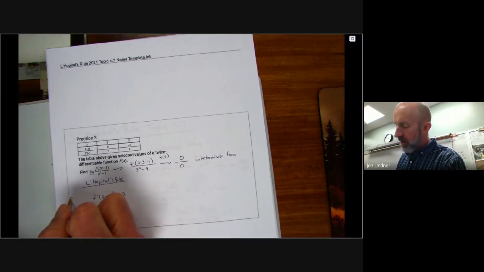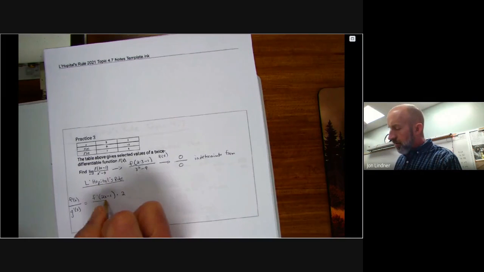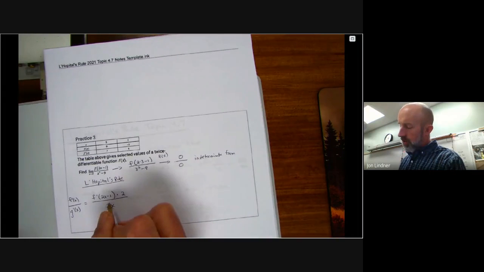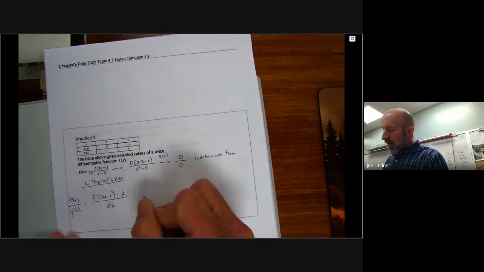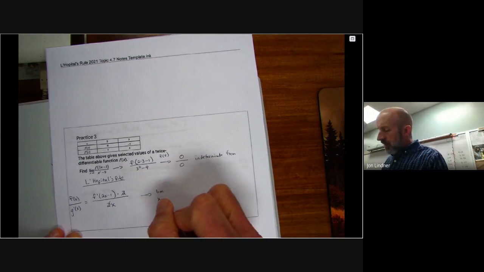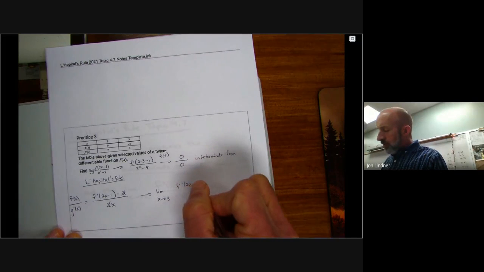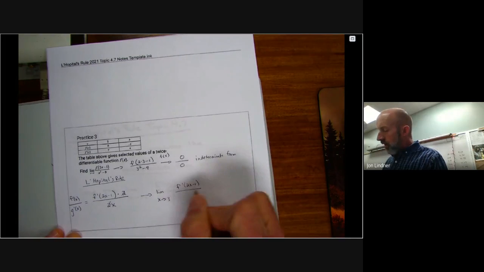Okay, so what I'm finding here is f prime of x over g prime of x. The derivative of the bottom is just 2x. So it looks like my 2's cancel. And I now need to evaluate the limit as x approaches 3 of f prime of 2x minus 1 over x.